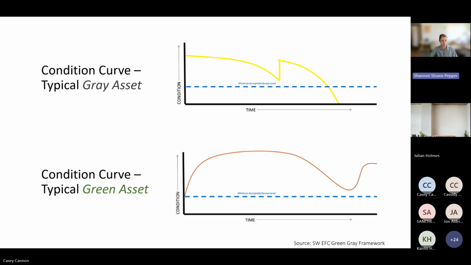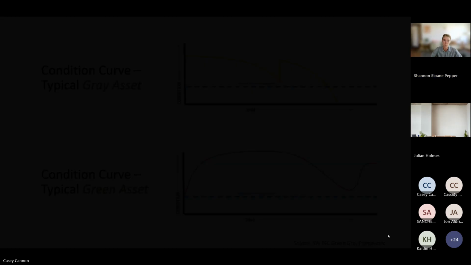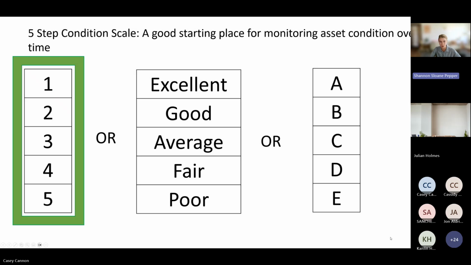But I just wanted to call your attention to the difference in condition curve for green and gray, because your life expectancy for those assets is probably going to look a little bit different. Next slide. So there are a lot of ways to track condition over time. You can use any of these different kinds of scales. The advantage of a numerical system is that you can build it into an analytical formula for criticality analysis, which we'll get into next.